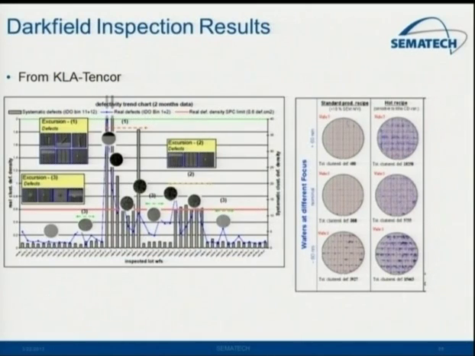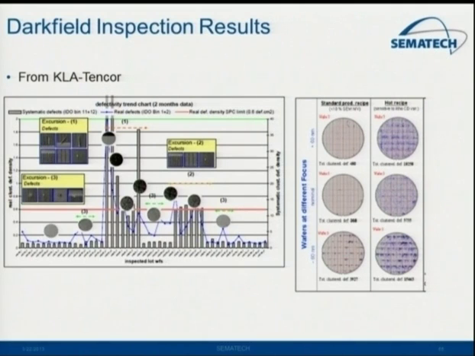So here's an example of a dark field detection. You're inspecting each and every lot that comes through your process line. Before, I showed an analysis of a single wafer, and you may be testing different process conditions to see which ones generate defects. And that's what this particular example showed.